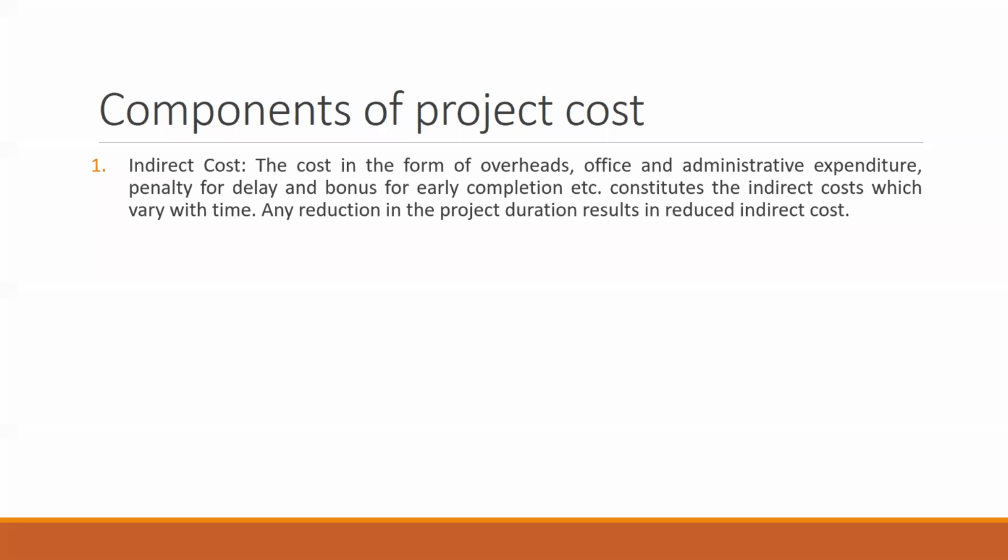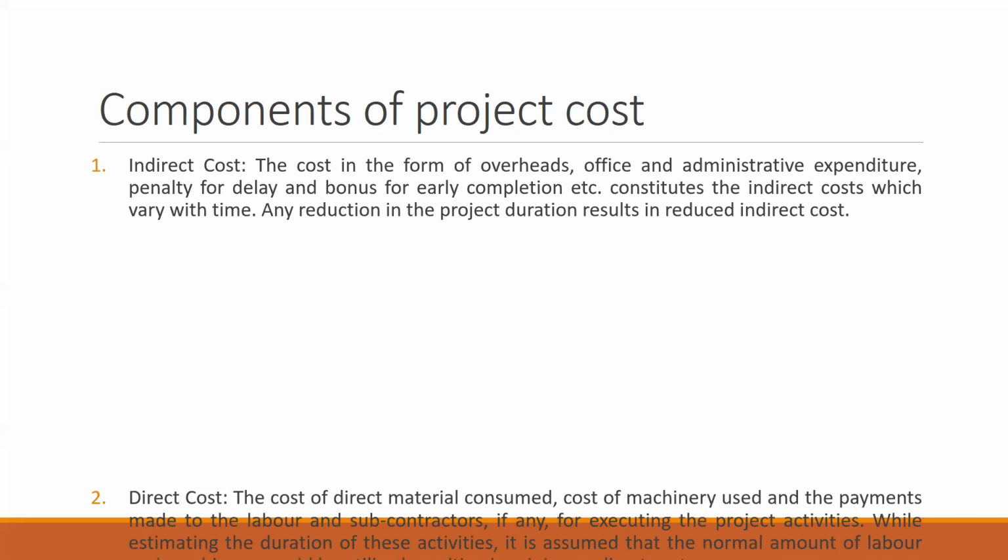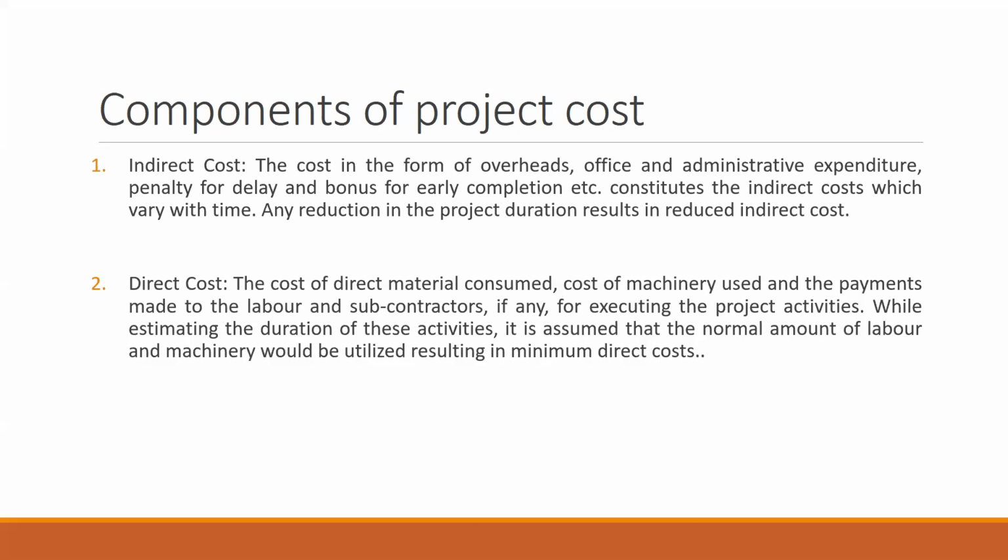Any reduction in the project duration results in reduced indirect cost. But remember, if I'm reducing the duration, I might have to apply more labor or more resources to complete the project. We are going to consider that in your direct cost.